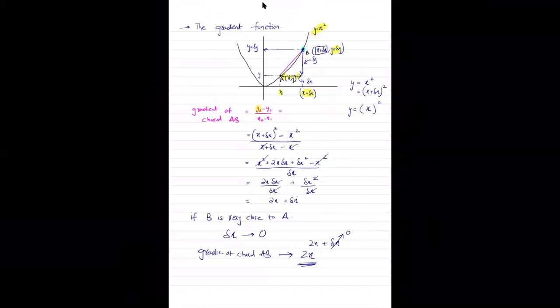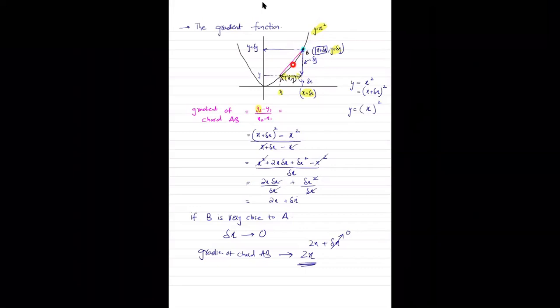So the gradient of the chord AB, when the distance between the two points is very, very, very less, will give you the gradient of the curve itself. So whatever we did, this is the concept of the first principle of differentiation.